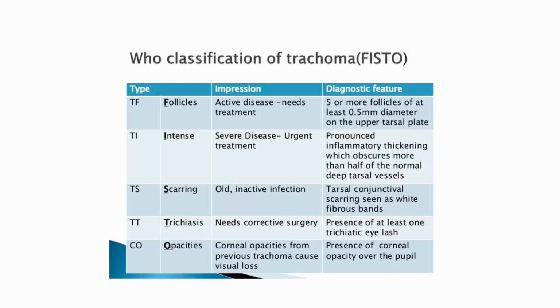And trachoma S, scarring, an old inactive infection, tarsal conjunctival scarring seen as white fibrous bands. Trachoma T, where trichiasis happens, and CO, which is corneal opacity, a complication in the form of corneal opacity.